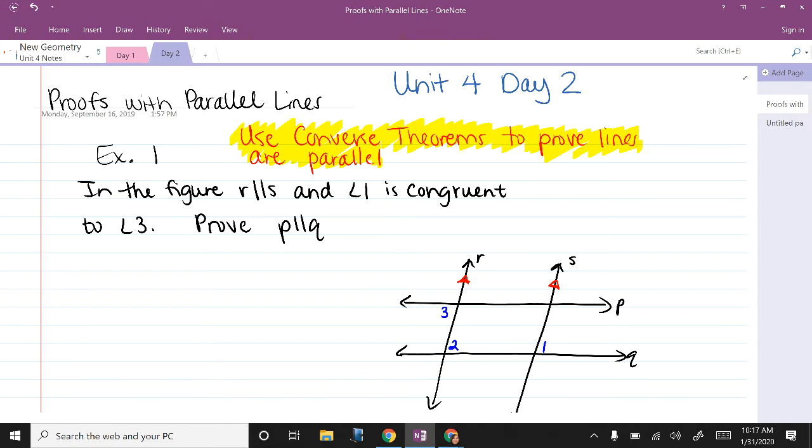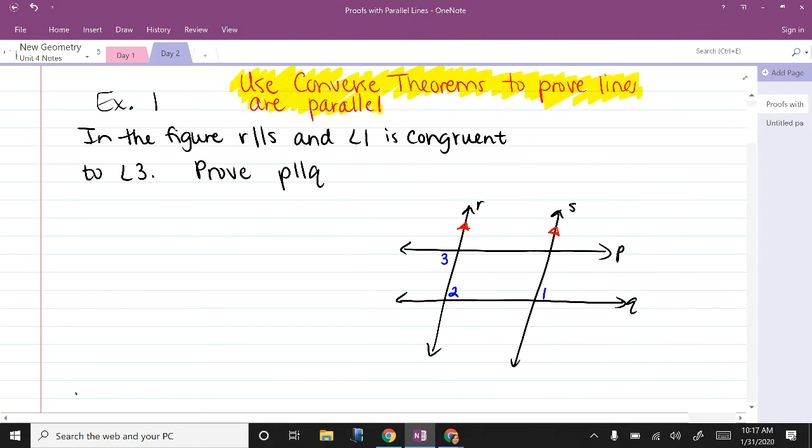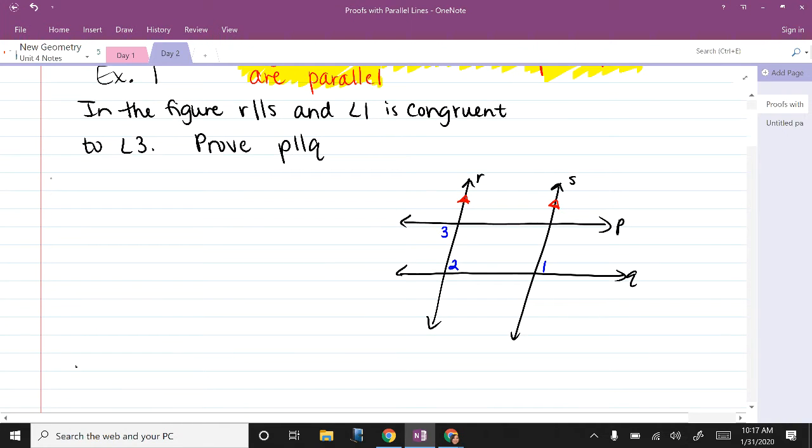All right, so this is our first proof. Now, it didn't really do a given and a prove like we've been seeing, right? But this right here, it says prove P is parallel to Q. There's my clue that I need to do a proof. So on your paper, hopefully you've drawn the picture. You need to have your statements and your reasons.